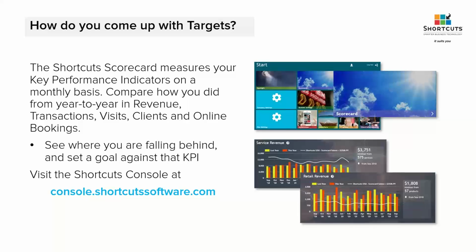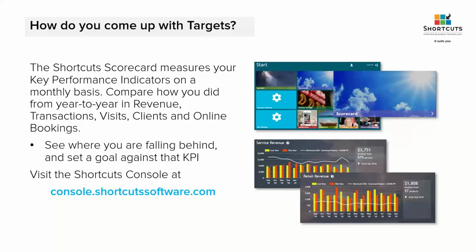So if you're looking at yourself against industry goals, the industry averages are represented by a white line, which rises and falls depending on the season. So either you're at the industry levels, so your bar graph is where the white line is, or it's above or below.